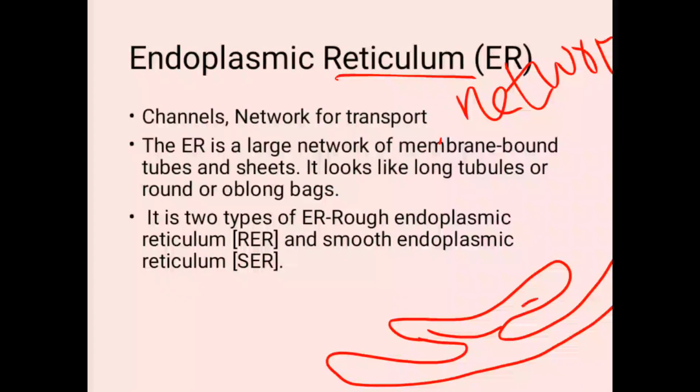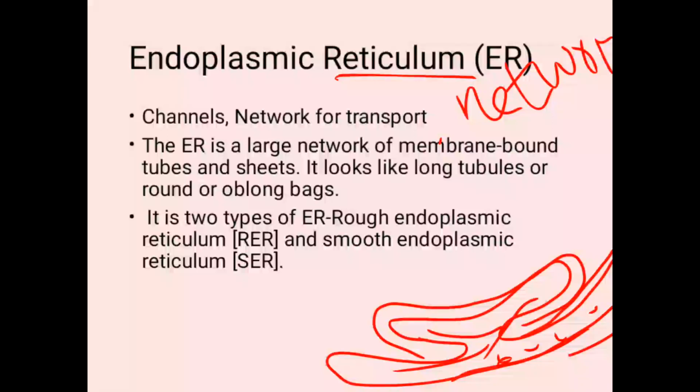With the help of this cell organelle, the materials are transported easily. Each and every endoplasmic reticulum is covered by a layer. It looks like a tube or oblong bags.